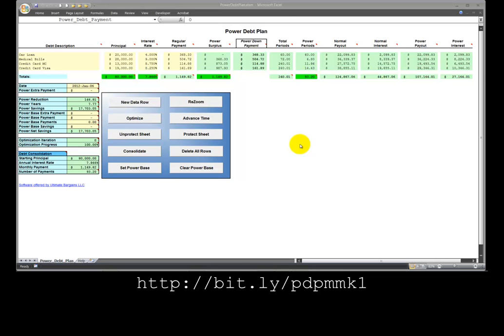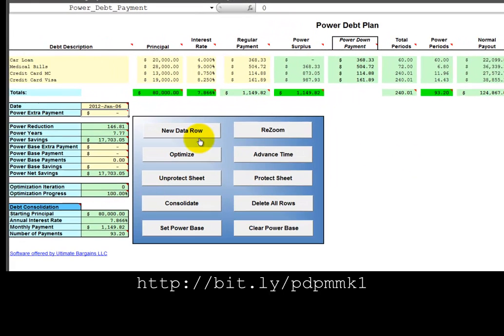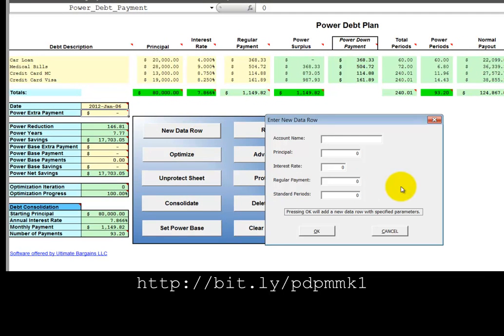Then you could add the net difference to the Power Extra payment. So the home equity line of credit looked like $28,000, 6% interest, amortized over 360 payments.